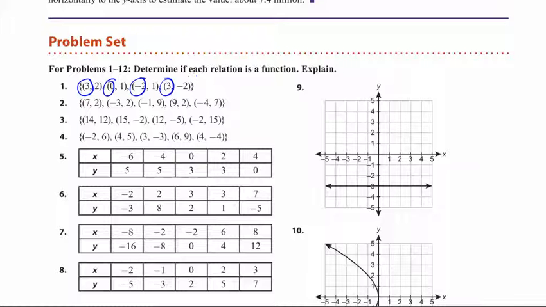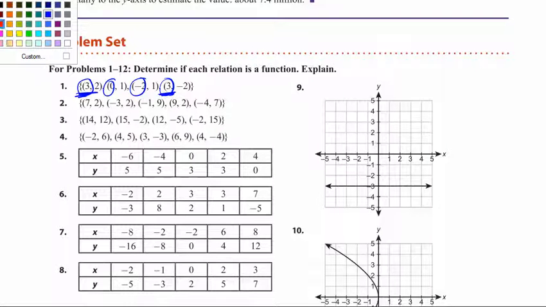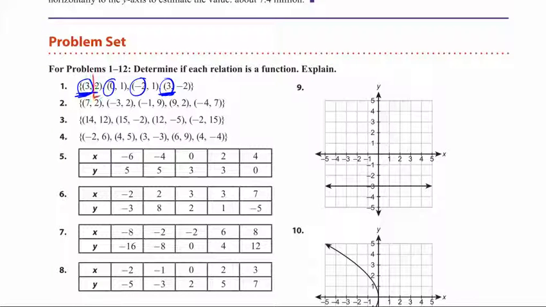Well, in this case, we have 3 and 3. So we have 3 as an input repeating twice. The next step is to check if you have the same value for that input. Only these two pairs, because everything else has different inputs, which is fine with me.